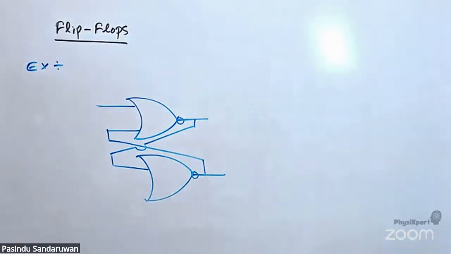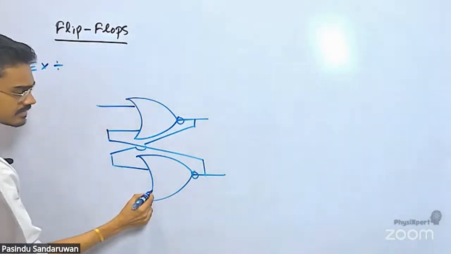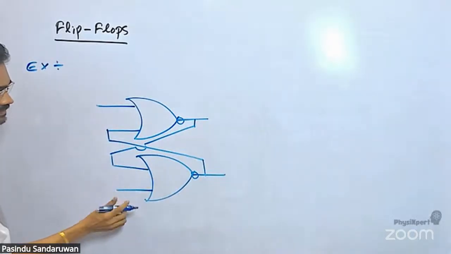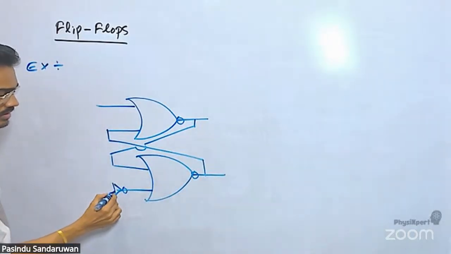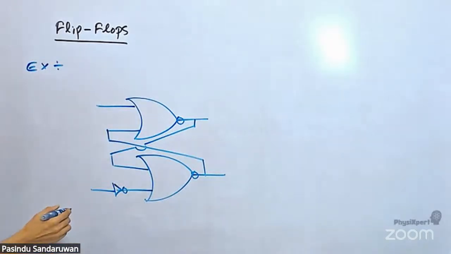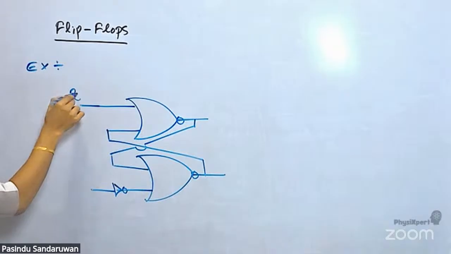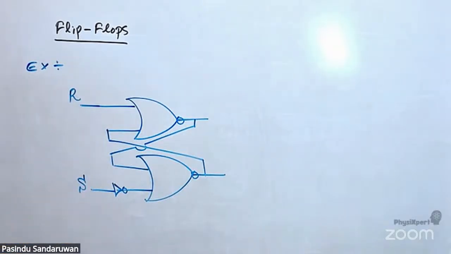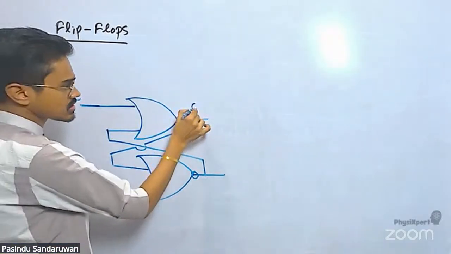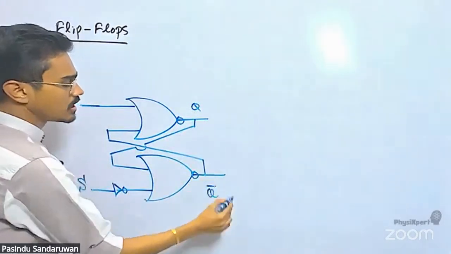And complete it like this. Right, label this as R, this as S, Q, and Q bar.